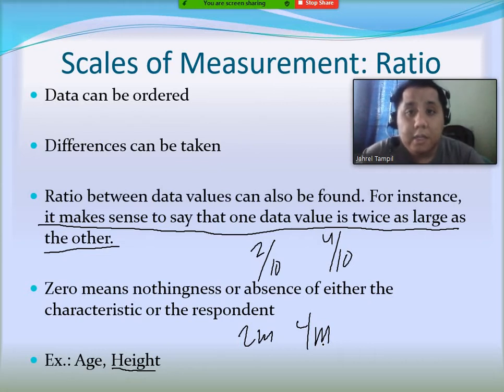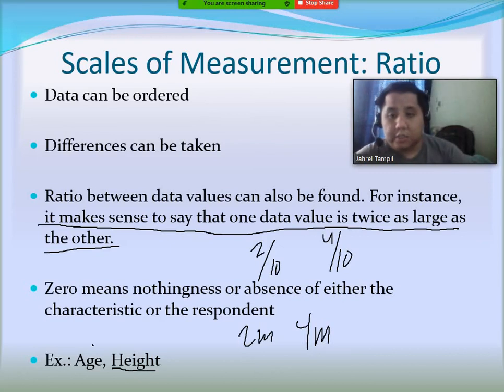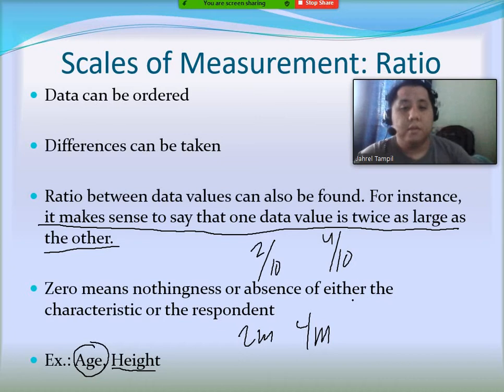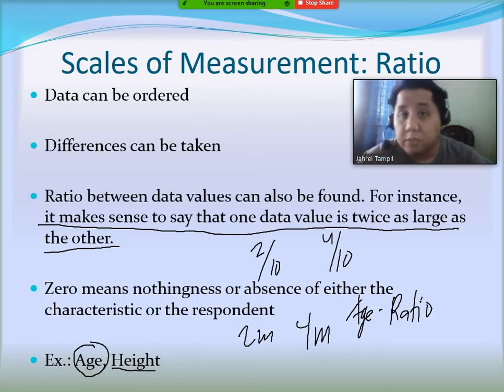Now, there's one thing to note here. The variable age. Theoretically, age is ratio, because by definition of age, you have to experience living in the outside world.